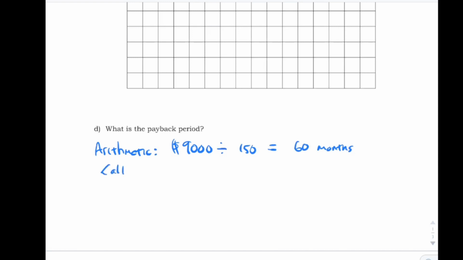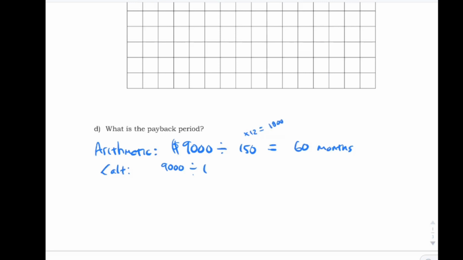As an alternate, I just want to throw this calculation down because you're going to like it later. Think about a year instead of a month. I'm saving $150 a month, so times 12 months, 12 times 150 is 1,800.